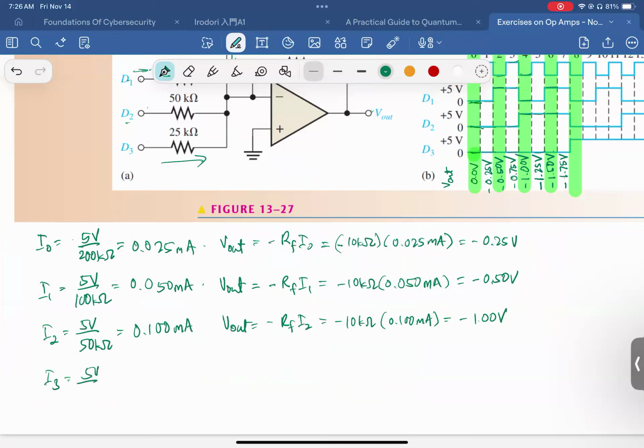So 5 volts divided by 25 kilo ohms equals to 0.200 milliamperes. And yung corresponding na output voltage dito ay equals negative 10 kilo ohms times 0.200 milliamperes, or negative 2 volts.